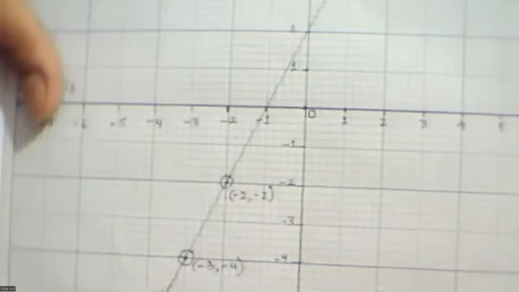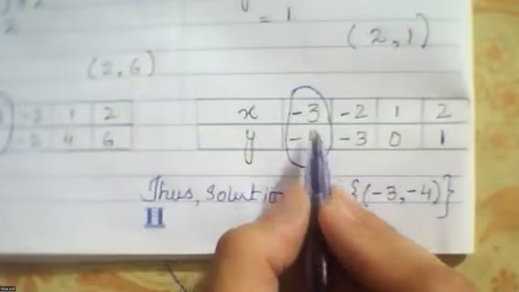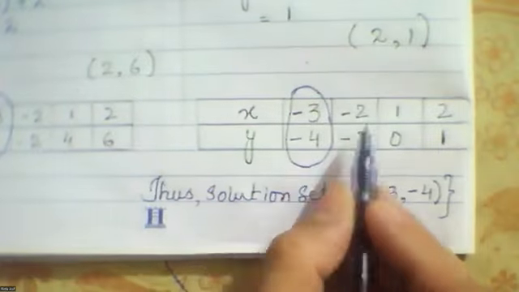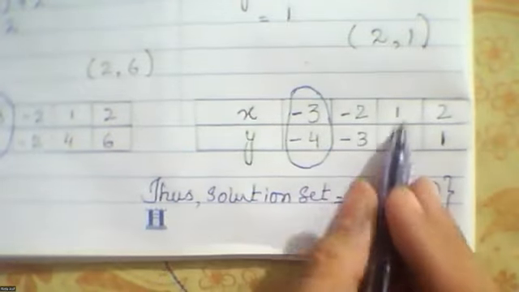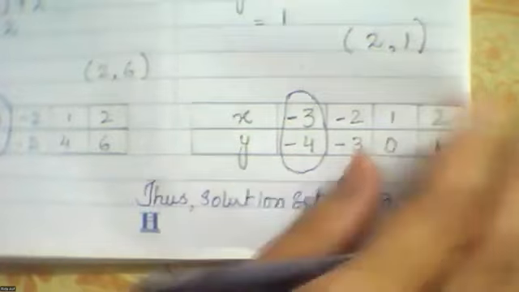So now let's take the equation 2 table. Let's consider the values of equation number 2. So the first value is -3 and -4. Let me show you. The values are -3, -4; -2, -3; 1, 0; and 2, 1.